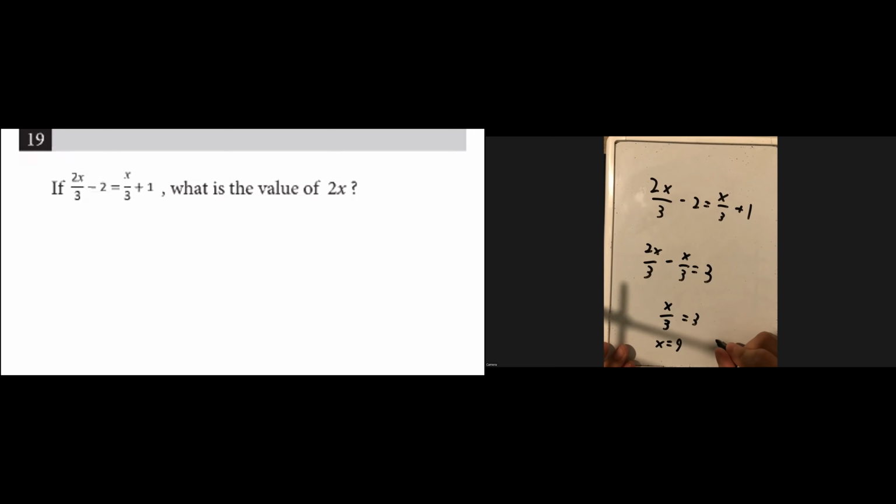And so this question asks, what is the value of 2x? 2x equals 18. So the answer is 18.